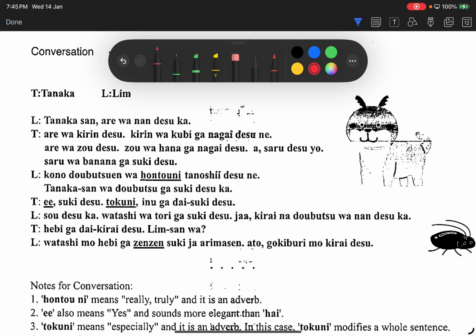So that one has an intonation to it. 本当に, hontoni. And the other one, 鳥. Other than that, I think the rest is okay.